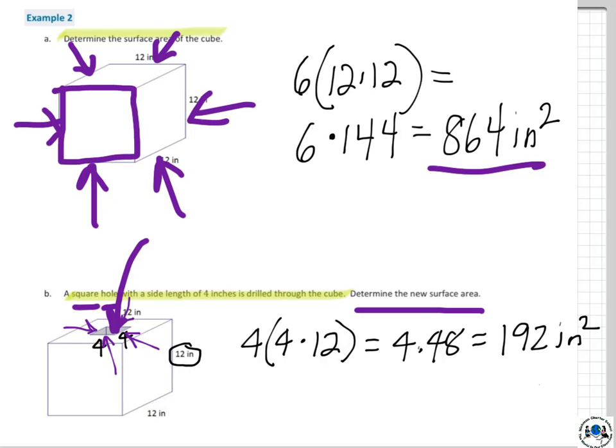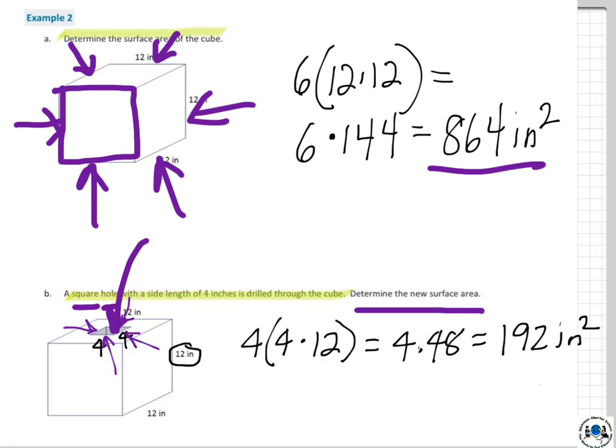Therefore, this is a positive here. We are gaining that much surface area, which is quite an interesting thing and a great question to ask. Oh, you cut a hole in something, you gain surface area. It just seems kind of counterintuitive, kind of counter to what you might expect.